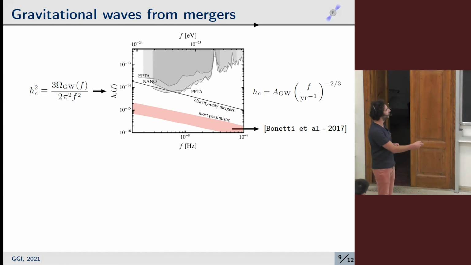Now, what happened back in January was a big revolution inside this field, or at least it might be the start of one. NANOGrav released a 12.5-year data set. This is the newer data set that they released, and they fit for this sort of curve inside their data. And they found a signal. So here you're seeing the posterior of this search for this sort of power law inside their data.